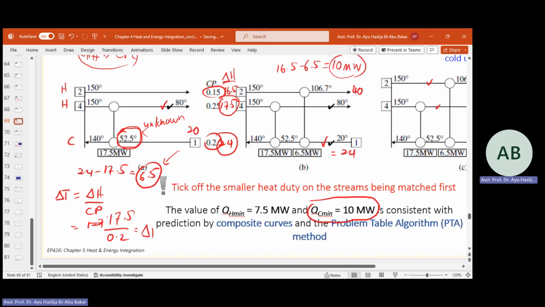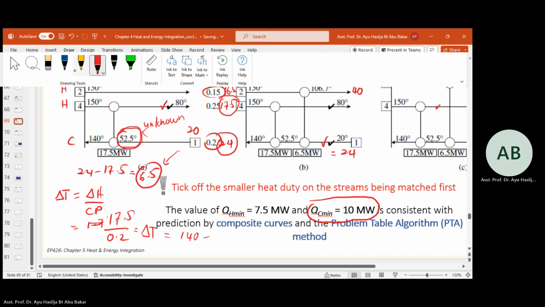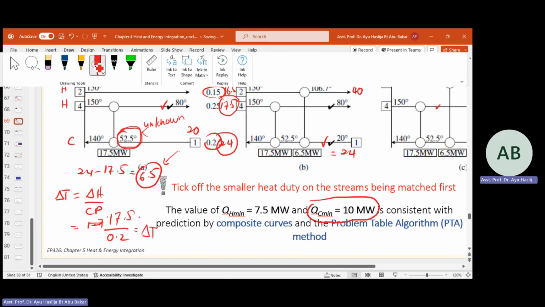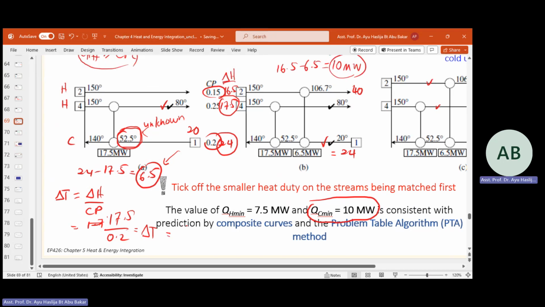You will get the delta T. So delta T here, your final target is 140. So 140 minus delta T here, later you will get 87.5. That is delta T.